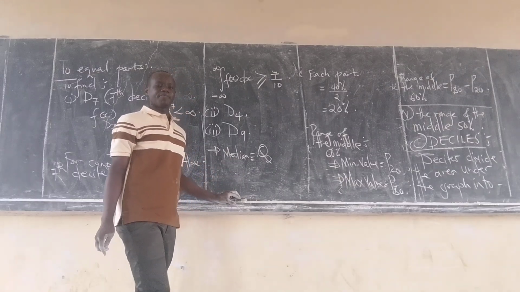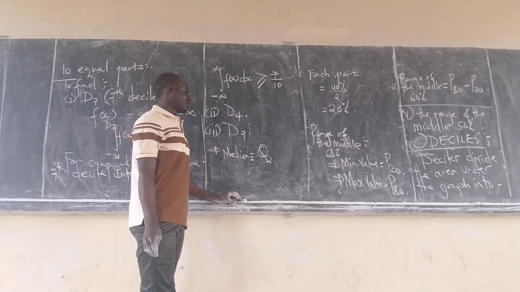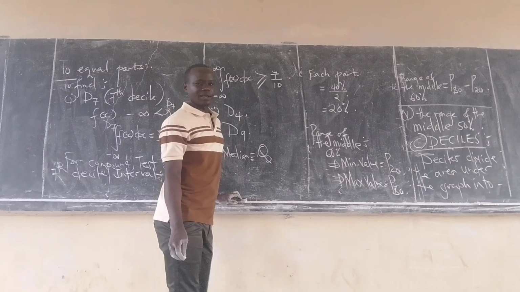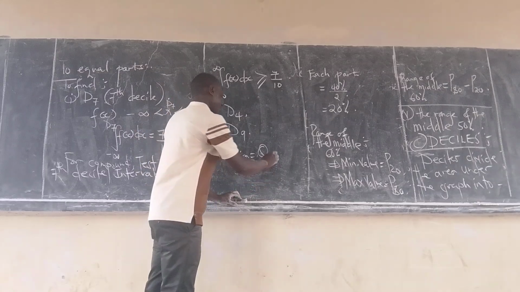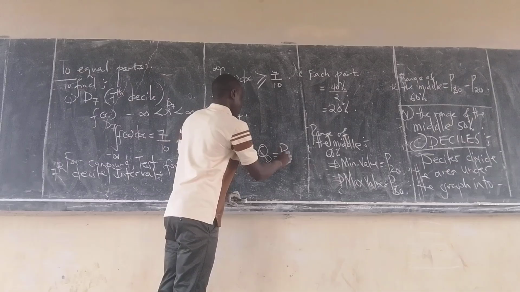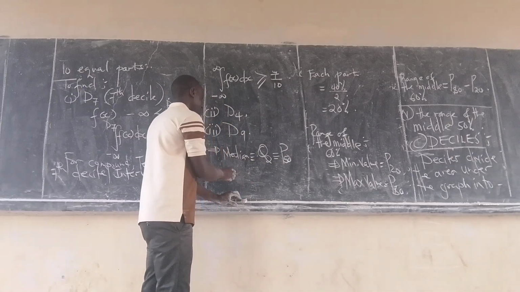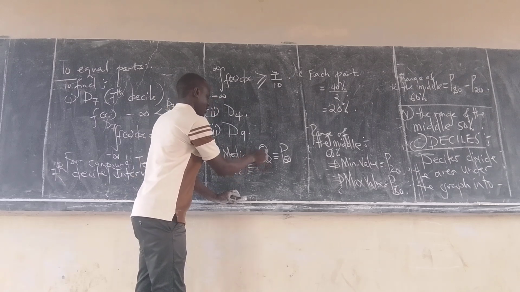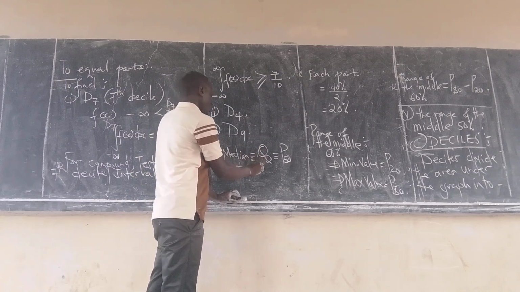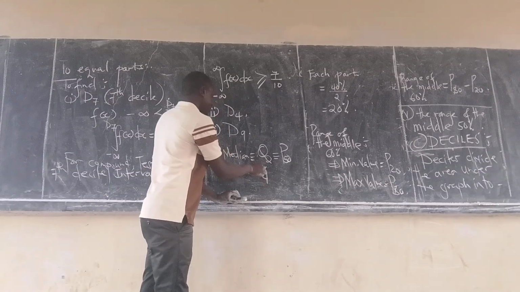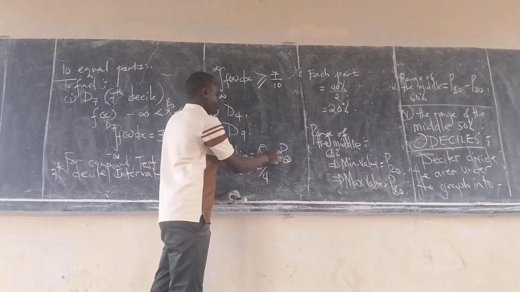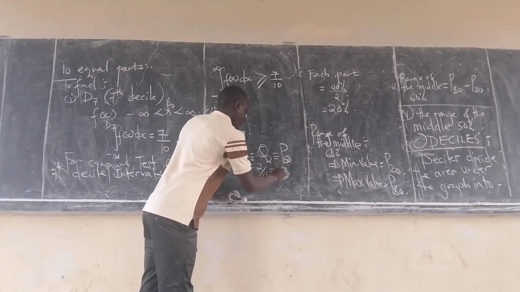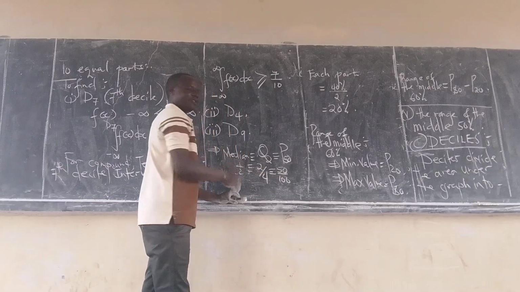If it is a percentile, and it is the 50th percentile value, we say the percentile divides data into 100 equal parts. So if it is P50, it becomes 50/100, which is still a half.